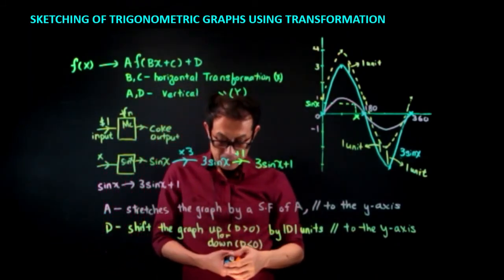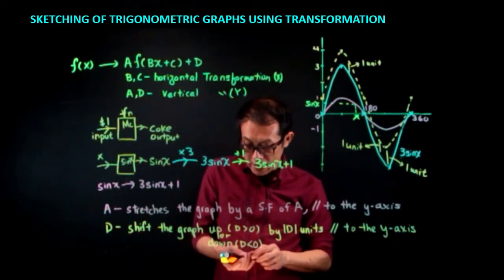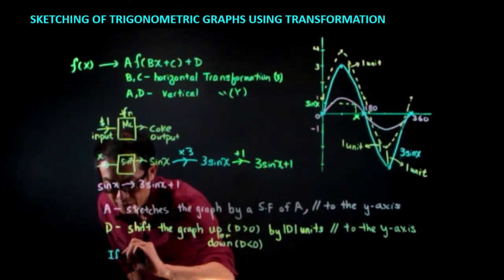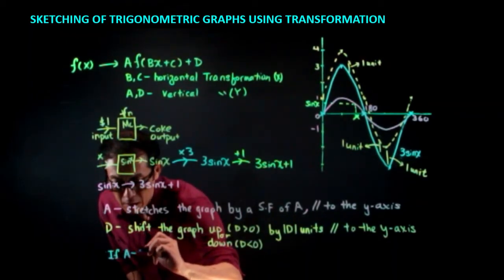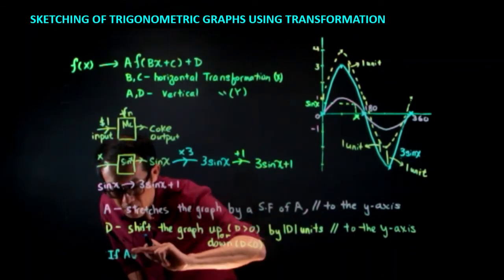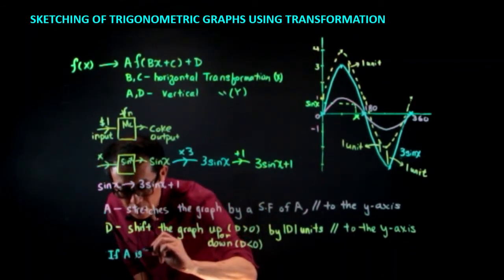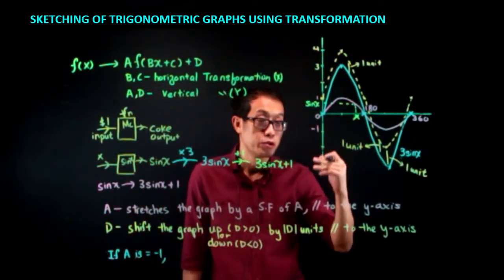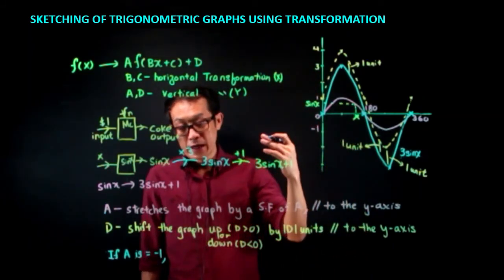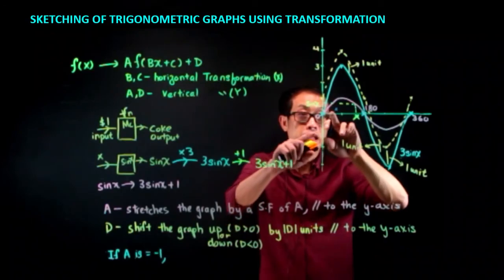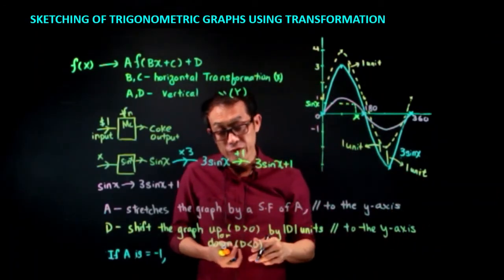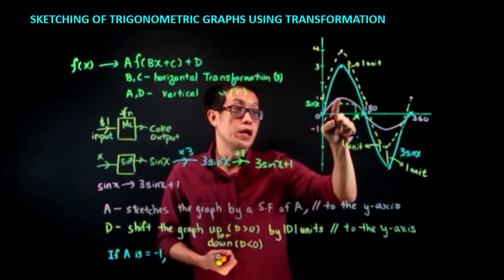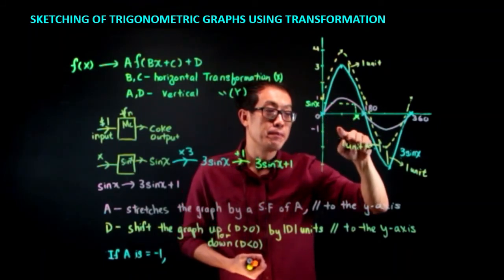Now for A, what happens if A is equal to minus 1? Look at this sine graph, the one in red. If I multiply it by minus 1, it becomes minus sine x. So whatever value is positive is flipped.